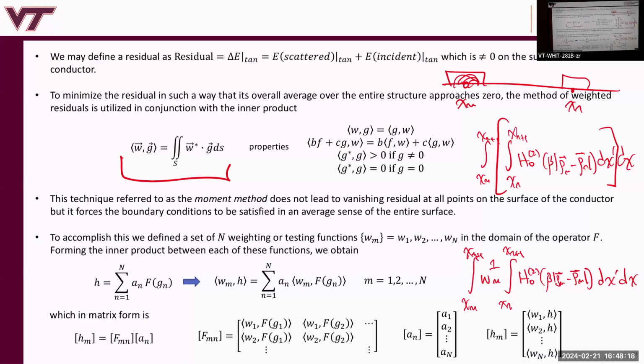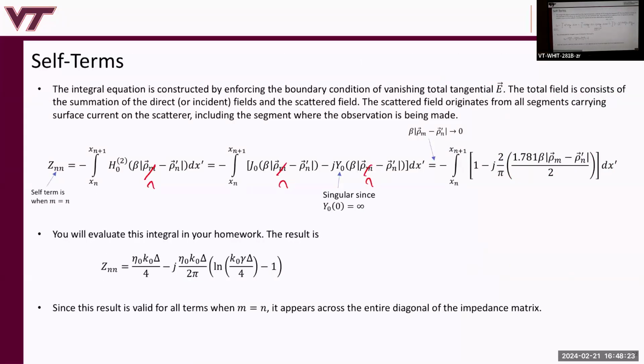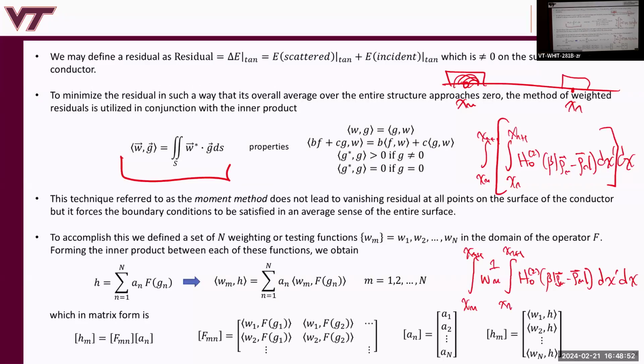So your Z_nn here is going to have, I can't remember, you know what, this is point matching. Because if this is done twice, you'd have delta squared. Normally, if you use Galerkin's method and they're both pulses, then this would be different. It's more accurate, right?